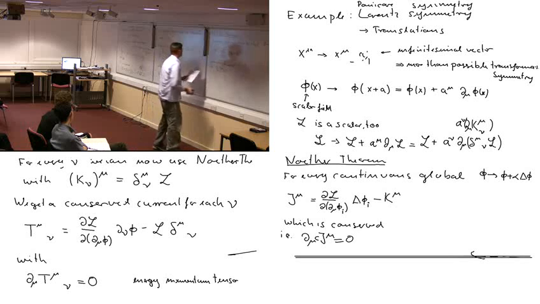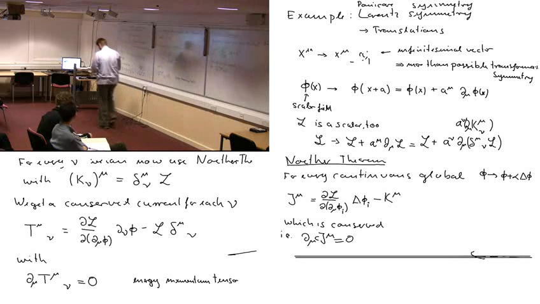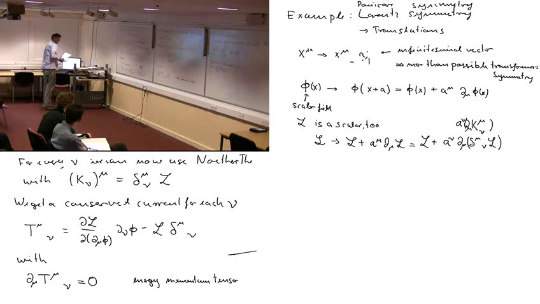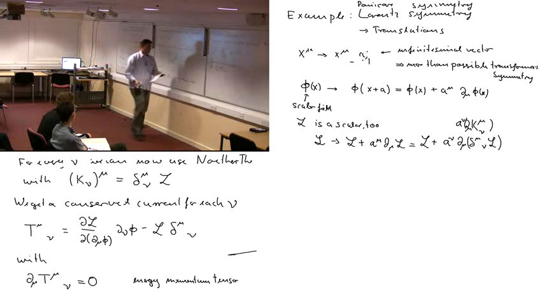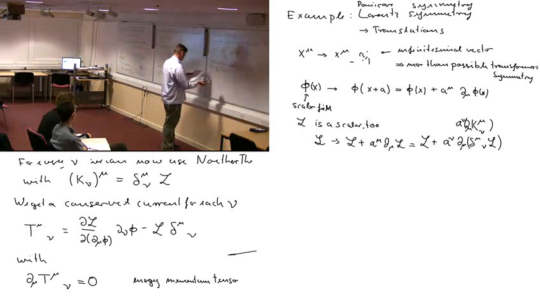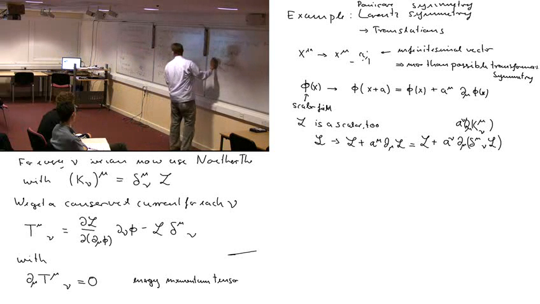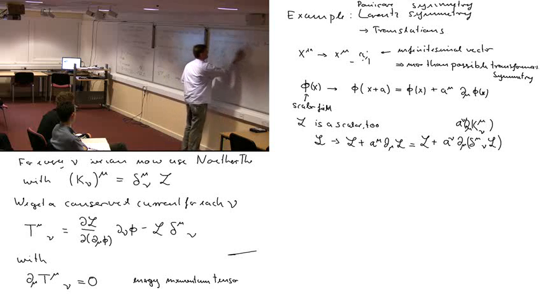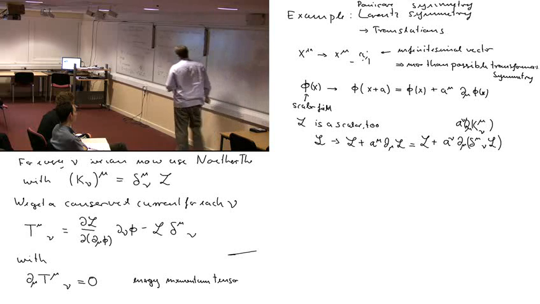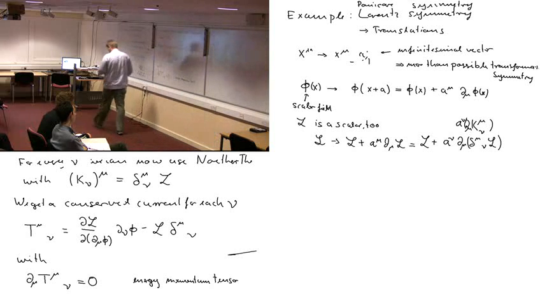Let me erase this one and come to the end. Just as an exercise, and to make this a little bit more explicit, one can also do the same steps we have done here for a scalar field.